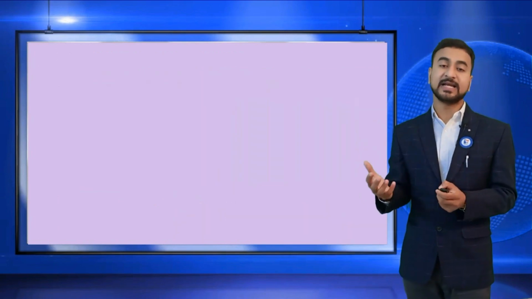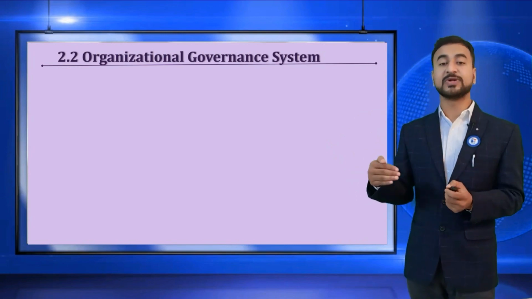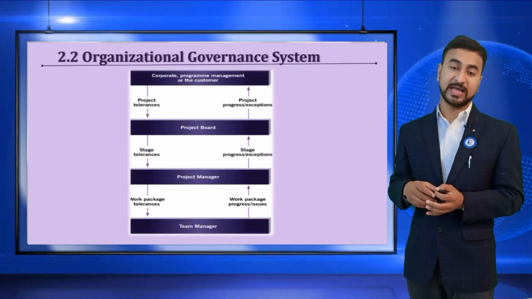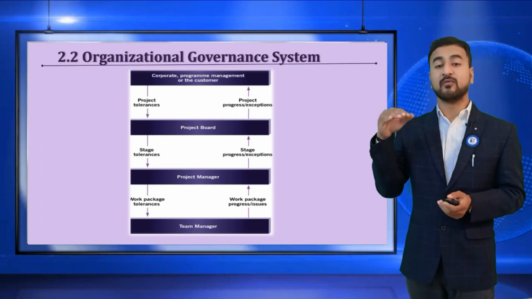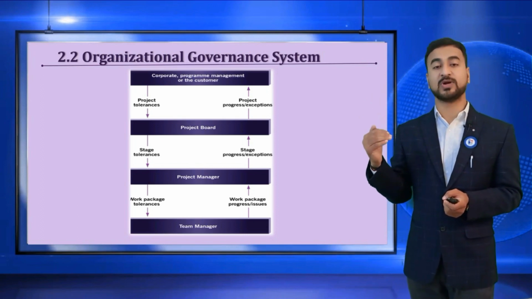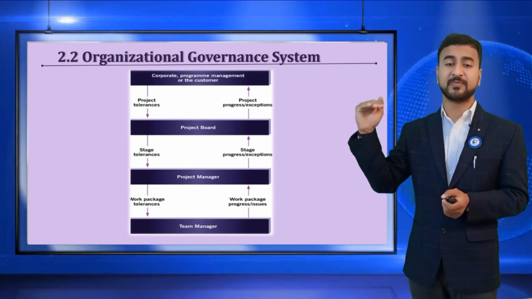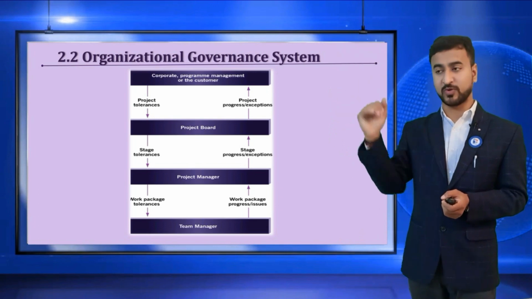So with that understanding, we are looking at the governance system. When we are executing the project, we should have the thought process that, whatever the project, each and every team member should abide by the governance policies. If you check over here, there is a team manager, a project board, and the corporate board.